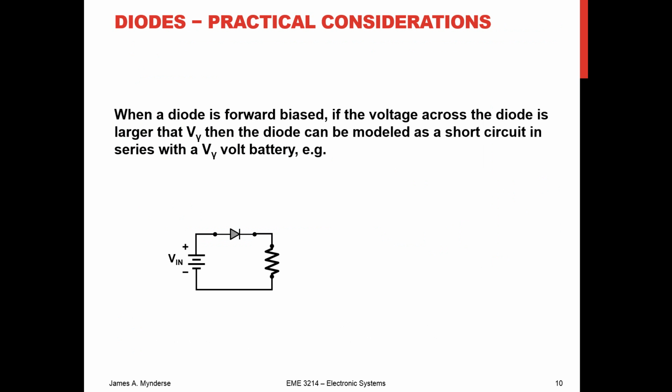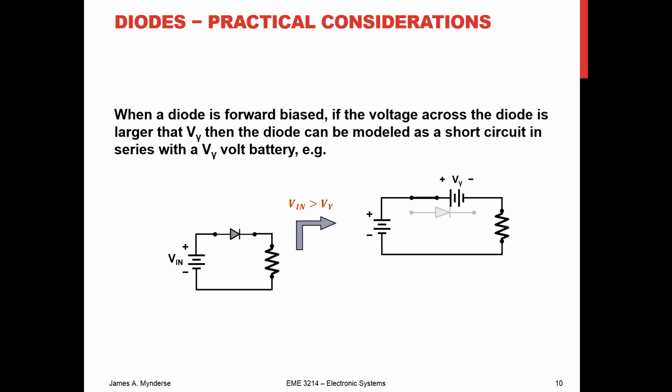So if we put a diode in with a voltage supply Vin and a resistor, and you have an input voltage greater than Vy, then you're going to see a short circuit, and also that Vy, because we do have that 0.6 or 0.7 voltage drop across the diode.